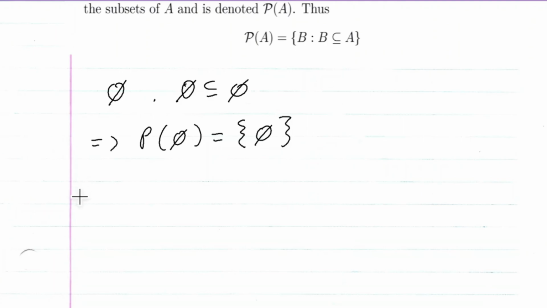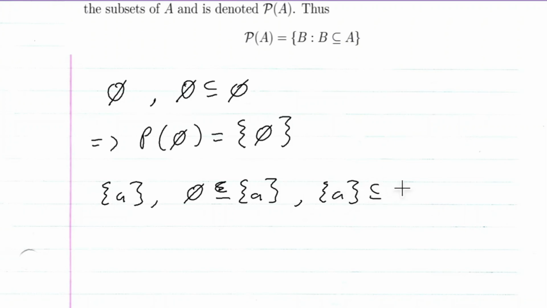Okay, let's go ahead and look at the set containing A. So let's think about all of the possible subsets. Well, we know that the empty set is a subset of the set containing A, because the empty set is a subset of any set. And we know that the set containing A is a subset of itself.